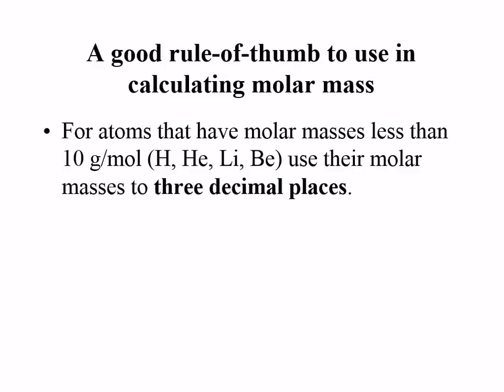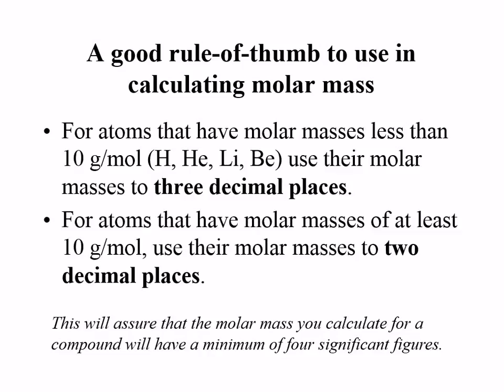Cool. And this is kind of what I've been saying. The rule of thumb: 3 decimals if it's light, 2 decimals if it's heavier than 9. And the tipping point, as it turns out, is about atomic number 4 and 5. So that's between beryllium and boron.